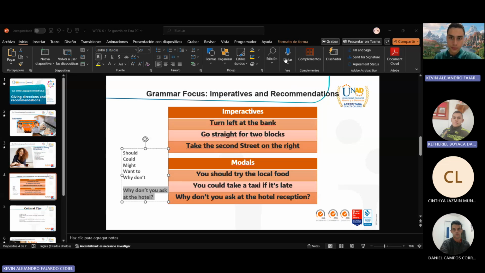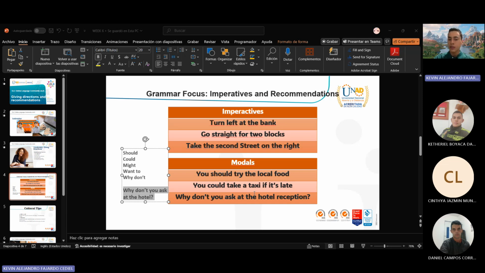If someone asks about some direction, we use why don't. So we use why don't when we are making a suggestion, and we use it most frequently when we are asking someone, but in a polite form.